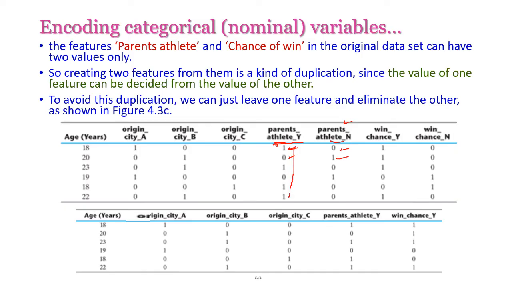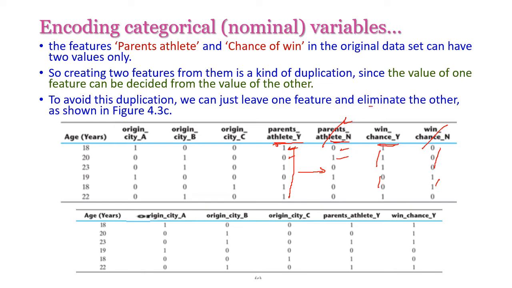So those are exact opposites of each other. Likewise for chance of win, if it is yes then the no gets 0, and if it is 0 then 1 will come. So this is actually duplicate data. To avoid duplicate data we can remove these two features.